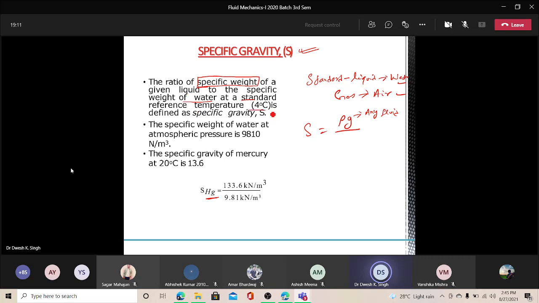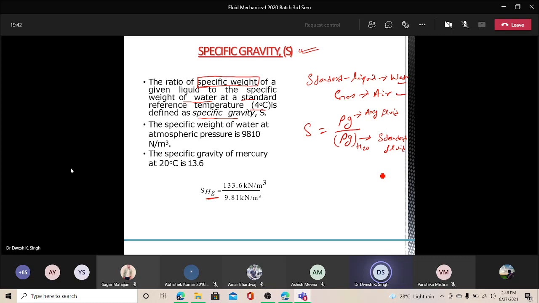It means we need to take the ratio with respect to a standard, generally water. So here it will be H2O. This specific weight is for the standard fluid. Here it can be H2O or water, but generally in fluid mechanics we will find water.